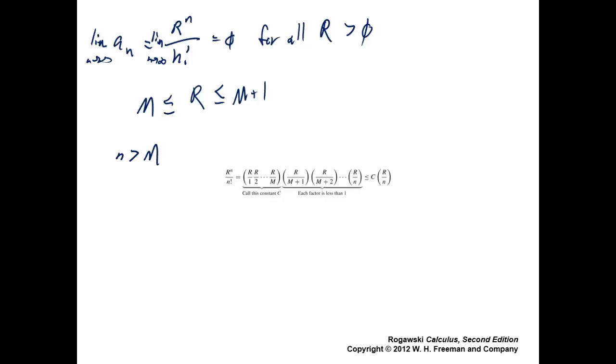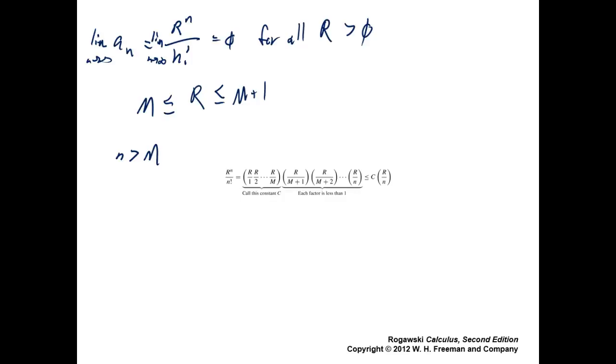Now, for all the values beyond that, you've got r over M plus 1, times r over M plus 2, times r over, all the way up to n, because you're taking the n greater than this M. So, however far you need to go. The first part is some constant factor, whatever it is. Maybe a huge, well, it's not going to be that big, but it's going to be some number.